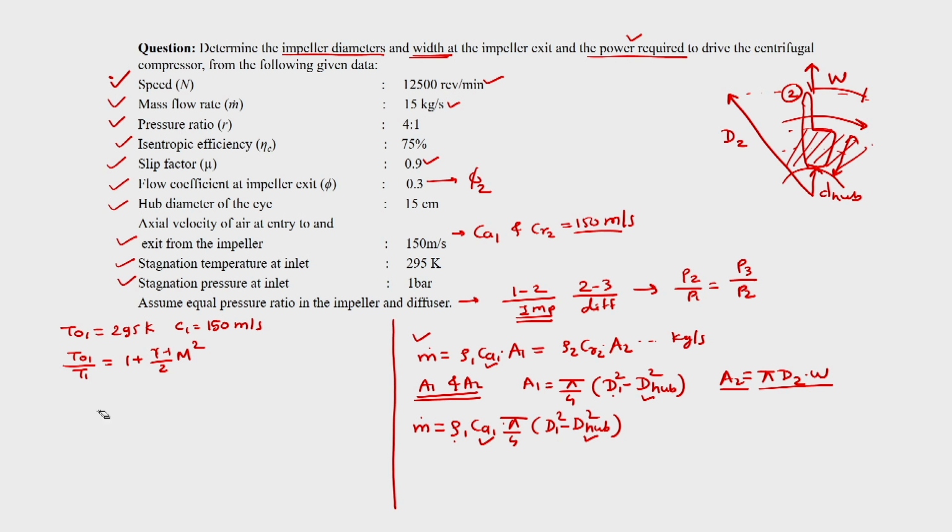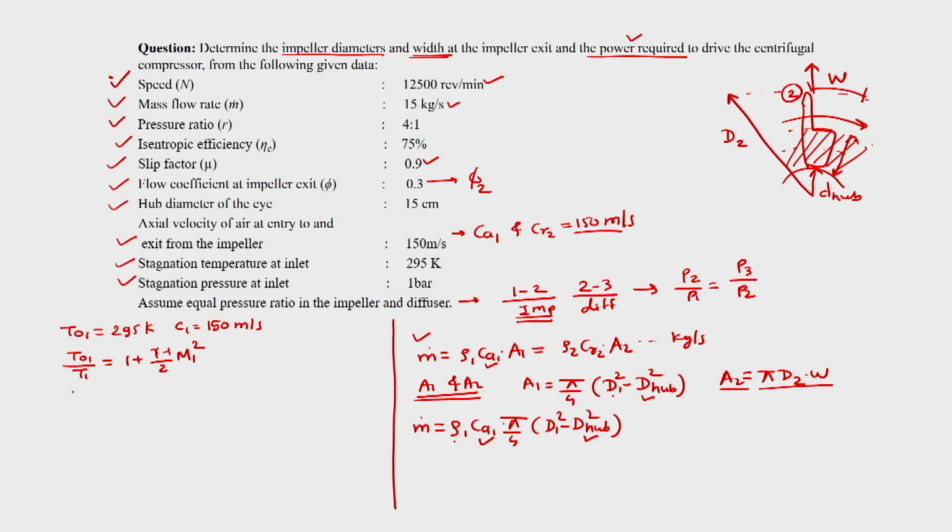For that, we need to know the Mach number, but we can disintegrate this formula, using M as C_a upon square root of gamma RT, where T1 would be found out.